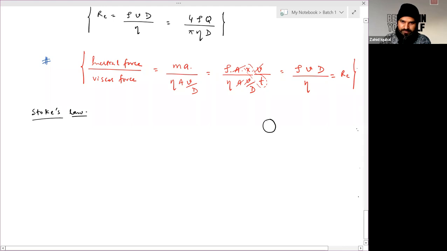Suppose you have a ball of radius r, which is projected at some velocity v in any viscous medium. How much would be the viscous force or opposing force experienced by it? It will be defined by Stokes law.